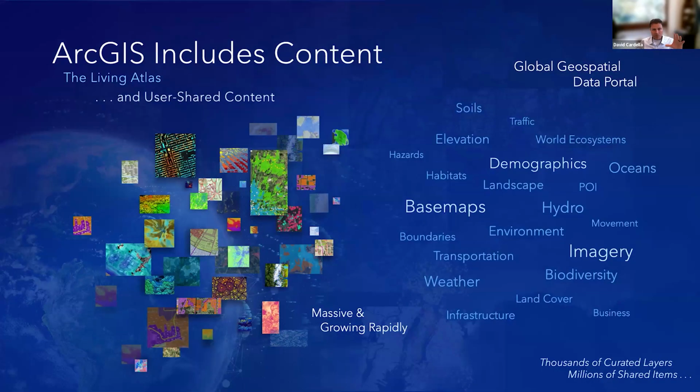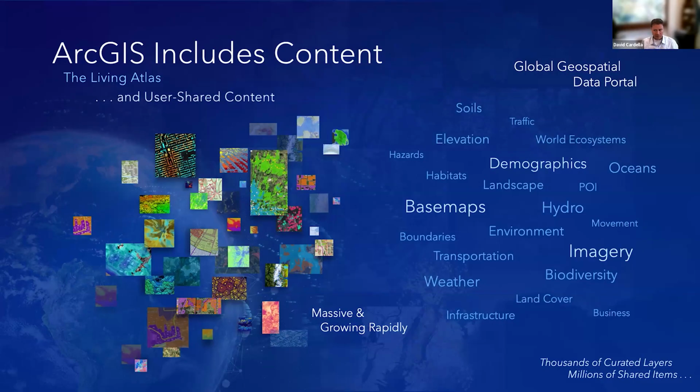ArcGIS also includes quite a bit of content, and it's available through the Living Atlas. And the Living Atlas itself includes thousands of curated layers, millions of user-shared layers like different types of base maps, feature layers. There's live data feeds in there. And it's called the Living Atlas because it's just that.